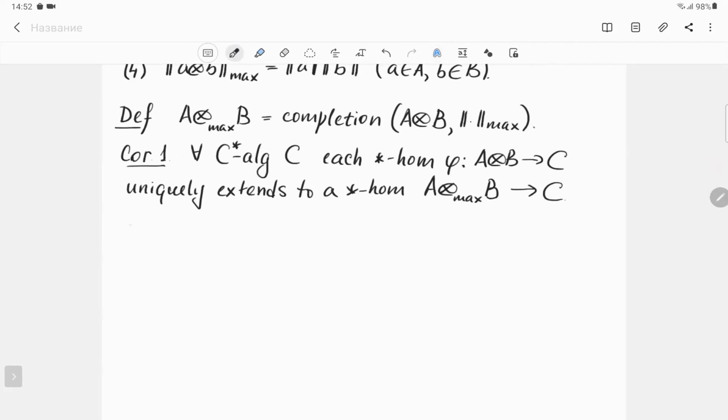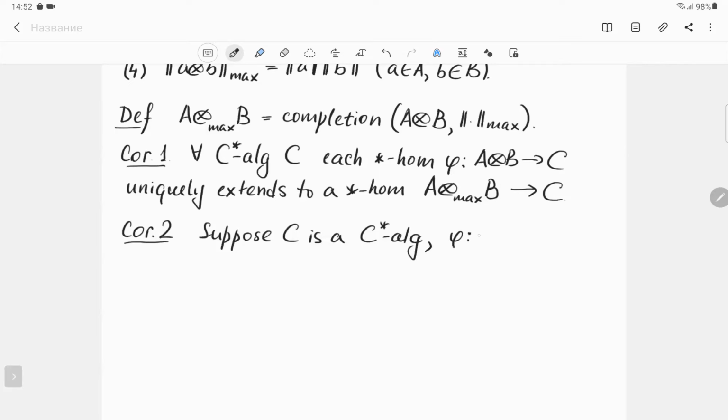Okay, the next result is a kind of quasi-universal property of the maximal tensor product. Suppose that C is a C-star algebra. And suppose that we have a pair of star homomorphisms.